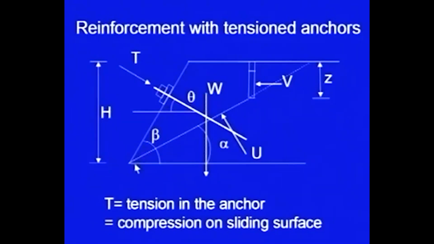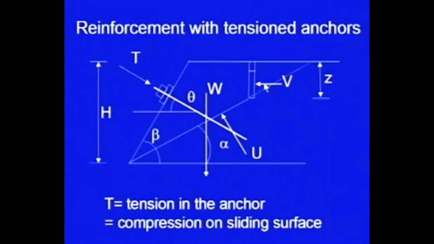This is the slope face having angle beta, and here this is the joint plane or the fracture plane or the bedding plane, which has a dip of alpha, and we are assuming a tension crack has developed. The water pressure in it is V. I have not shown the water table here.